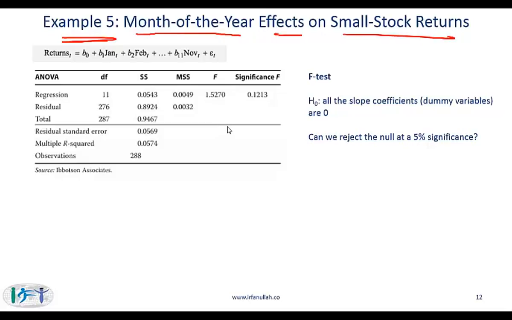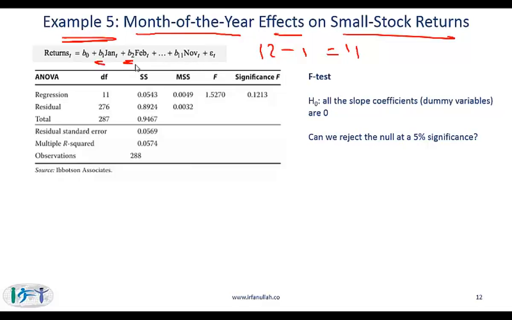There are 12 months in a year, so there are 12 states. If there are 12 possible states of the world, then how many dummy variables do we need? We need 12 minus 1, which is 11. So the way you can put it is, when B1 is 1, then it's January. Obviously, if B1 is 1, then all the other dummy variables will be 0.